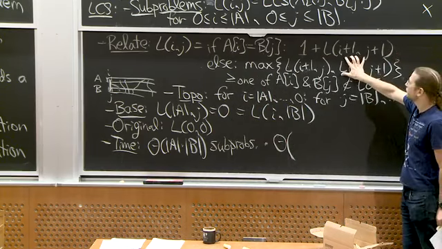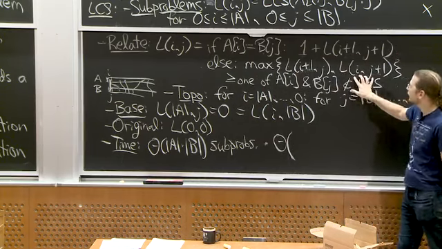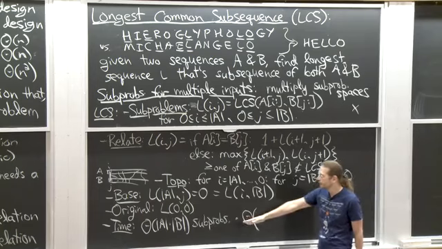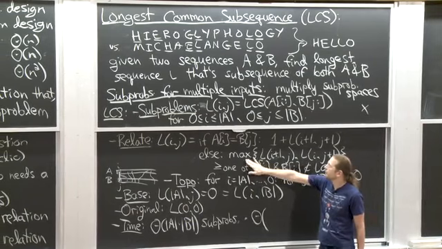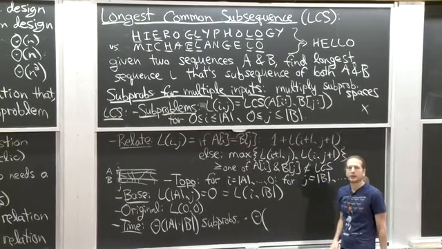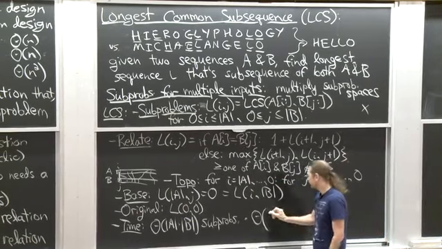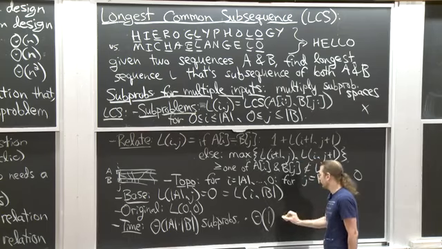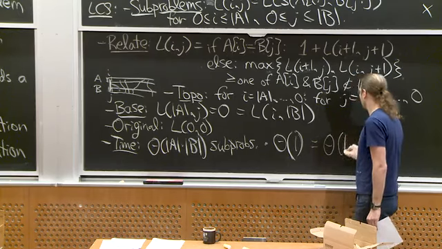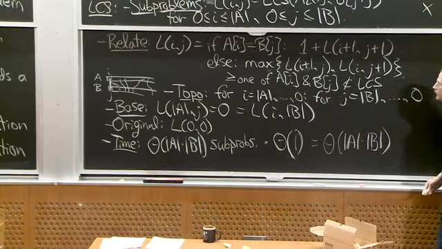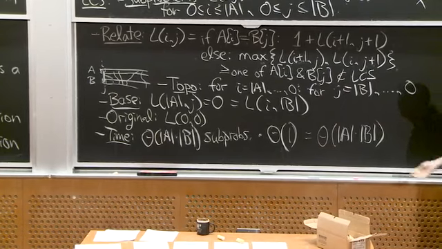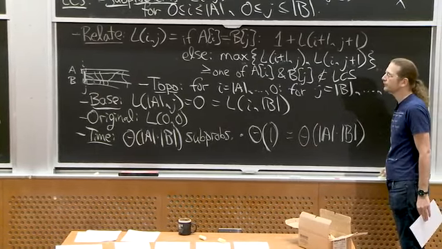So we ignore the cost to recursively call these L's because they are smaller subproblems. They're already dealt with when I multiply by the number of subproblems. So I just care about this max computation and this equality check. And we'll say those each cost constant time. So this is quadratic time. If the two strings are size n, this is n squared. In general, it's the product of the two string sizes.